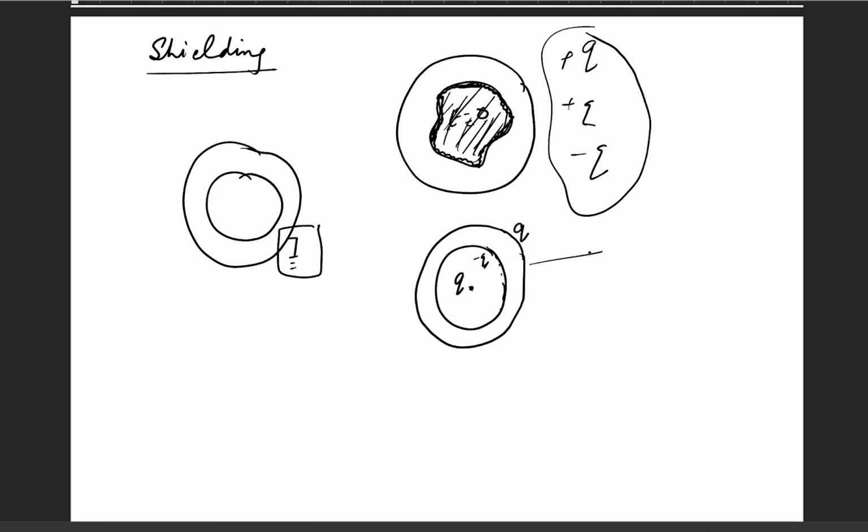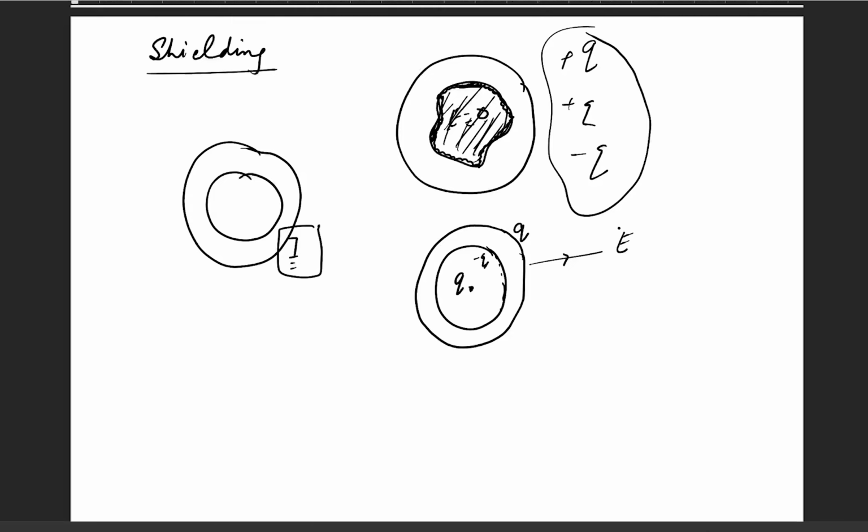The outside world will think that there is a charge at the center. It will come to know that there is something happening inside the cavity, although it will not know whether the charge is symmetrically placed or not; it will just think that the charge is at the center because of the spherical symmetry.